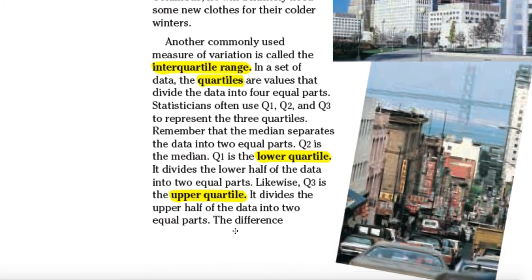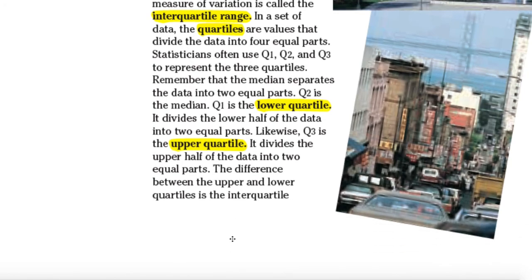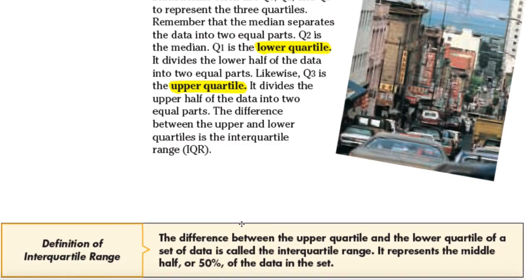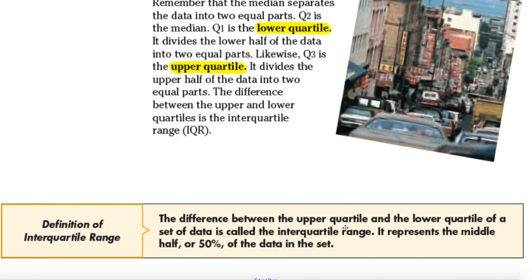So the difference between the upper and lower quartiles is what we call the interquartile range, or the IQR. Let's define what IQR is. The IQR, the interquartile range, is the difference between the upper quartile and the lower quartile of a set of data.